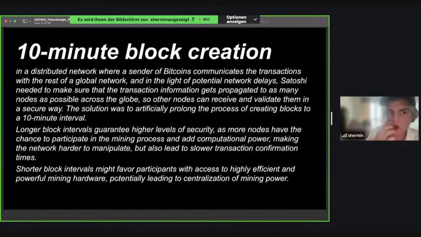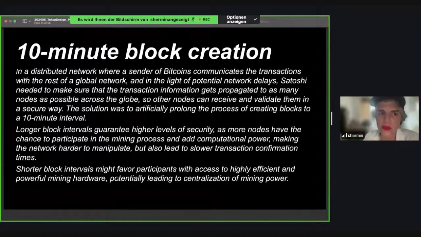Another design principle was the 10-minute block creation rule. This was important because in a distributed network where a sender of Bitcoins communicates the transaction to the rest of the network, and this is a global network of computers, there are network latencies and potential network delays.